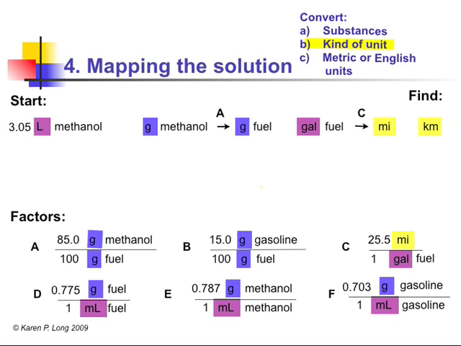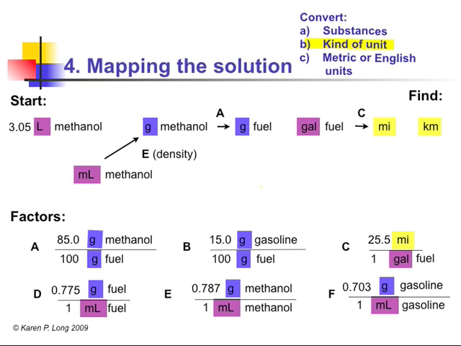What converts volume to mass of the same substance? You got it. Density. We have a term for density. One of the factors, E, is the relationship between mass and volume. It's milliliters, so I'm going to put down milliliters on my map.